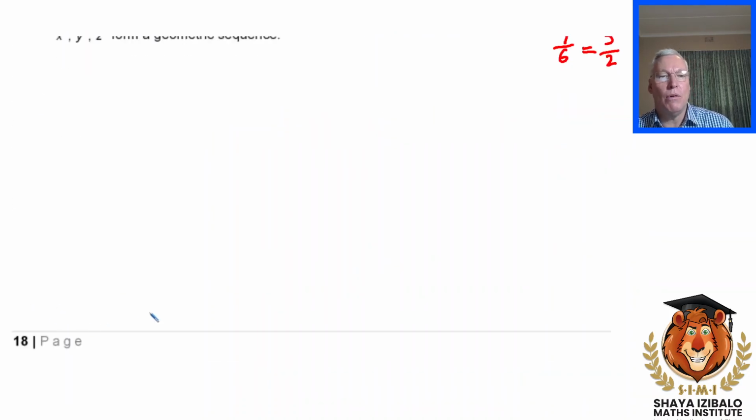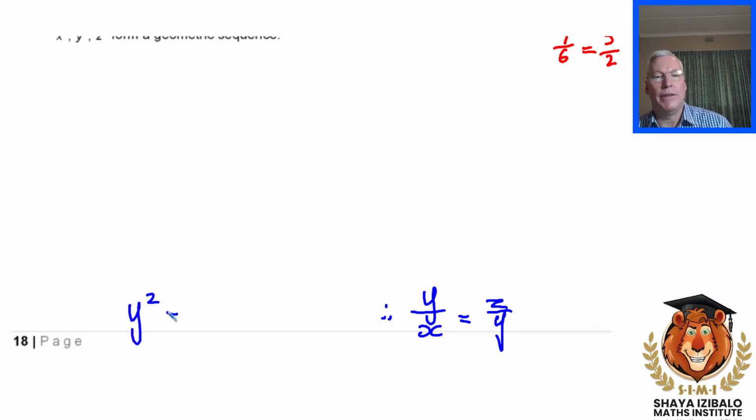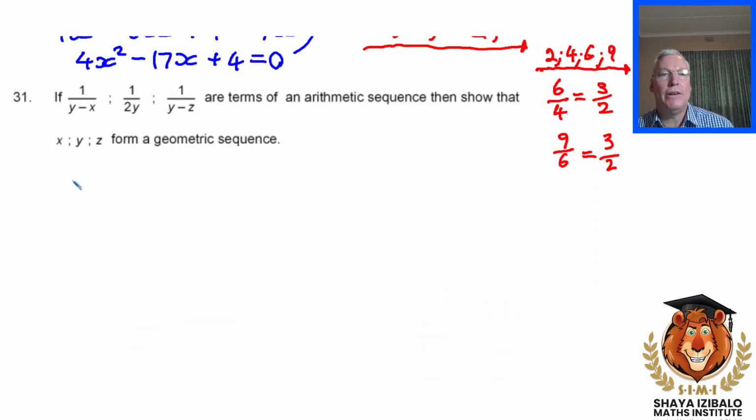So we want to end up with y divided by x equals z divided by y, which is also the same as showing that y squared is x times z. Remember, if we multiply the top and the bottom. So now that's what we need to get to. But we need to start with this. This is what we are told.